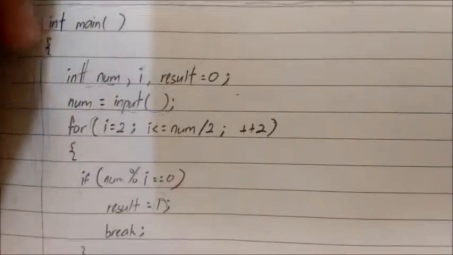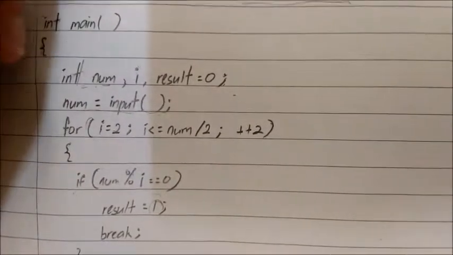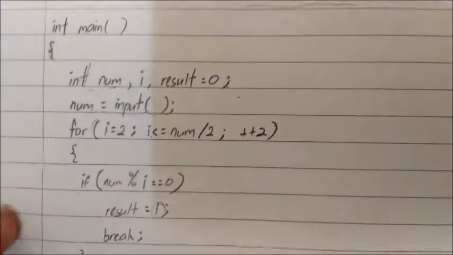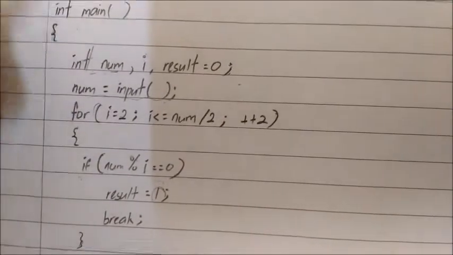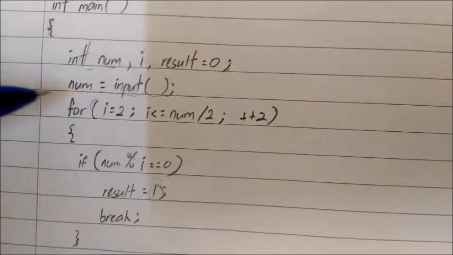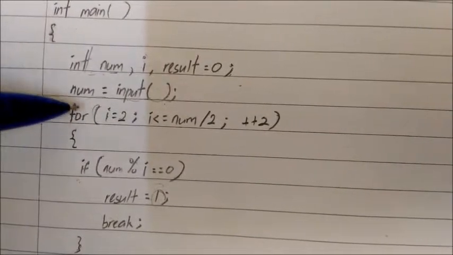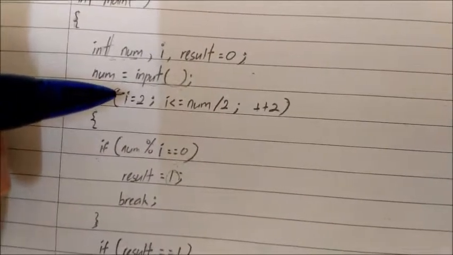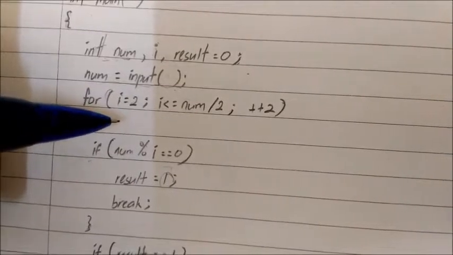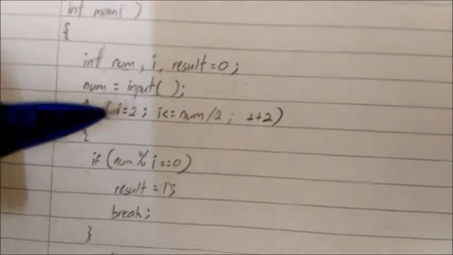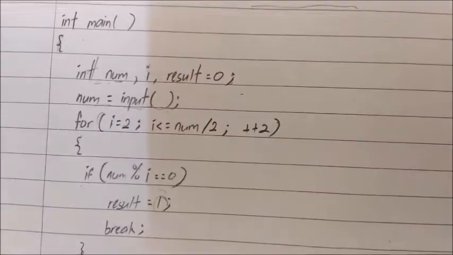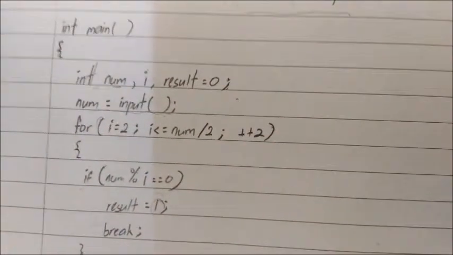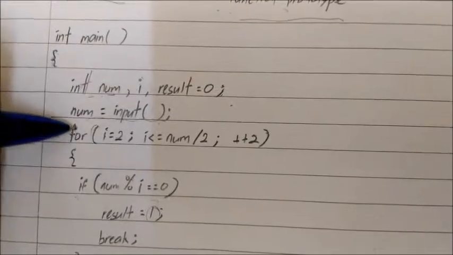Here, no argument is passed as input. Because this question needs us to check whether the number entered by the user is a prime number or not, it will repeat many times, so we use a for loop here.